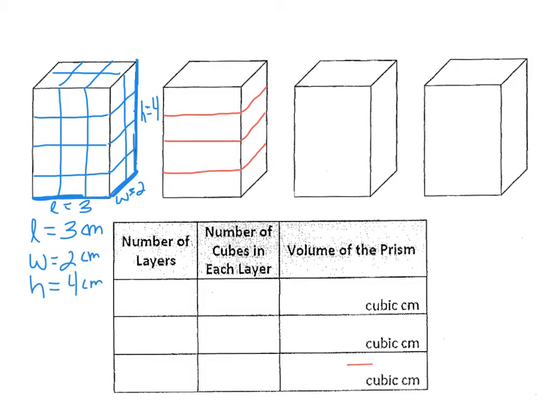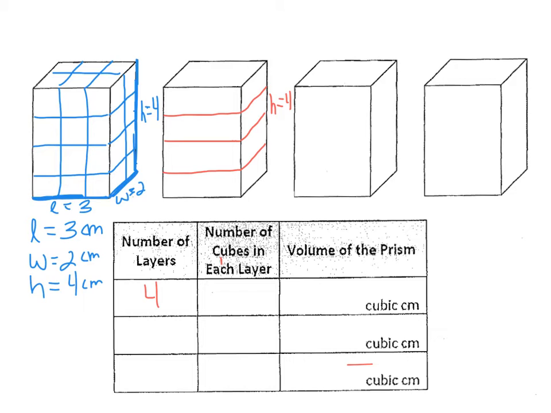Click pause if you need to catch up. So number of layers, I know I have 4. Well, what do I know that 4 is? Well, that's my height. So how many cubes are in 1 layer?